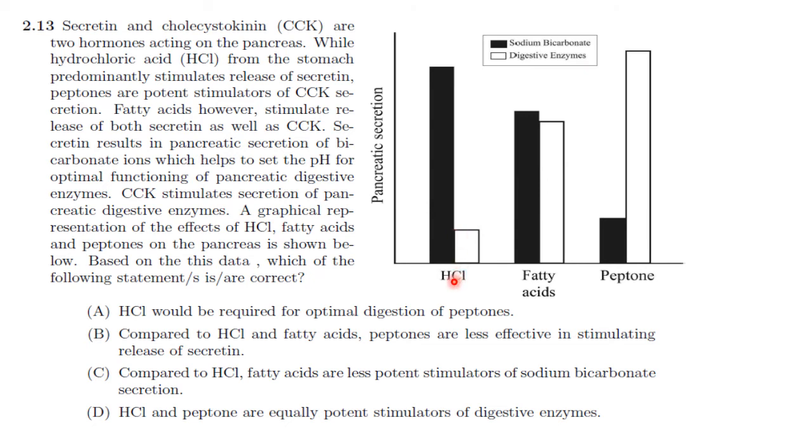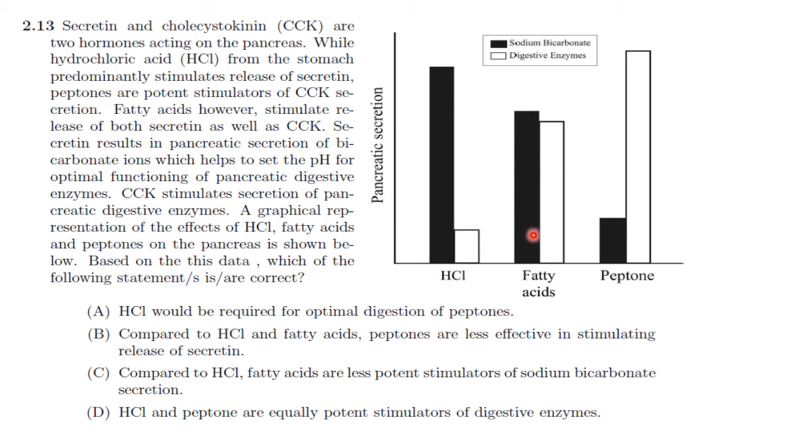So by treatment with HCl, we can see that there is more concentration of bicarbonate ions compared to the digestive enzymes. So HCl will stimulate release of secretin, which results in pancreatic secretion of bicarbonate ions. Similarly, fatty acids will also stimulate secretin to release pancreatic secretion of bicarbonate ions.